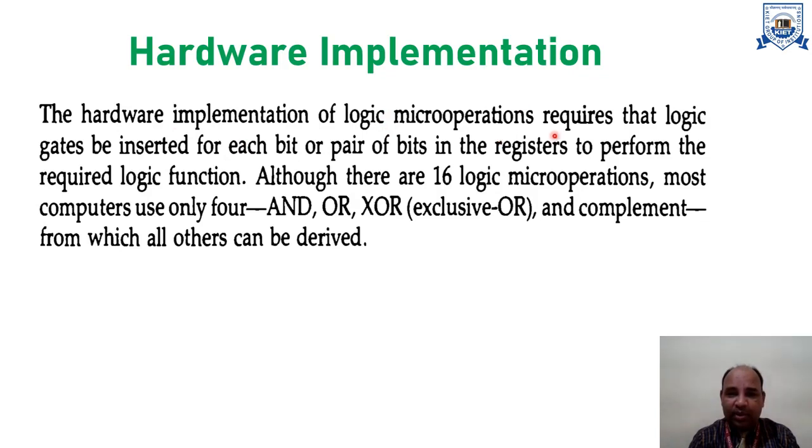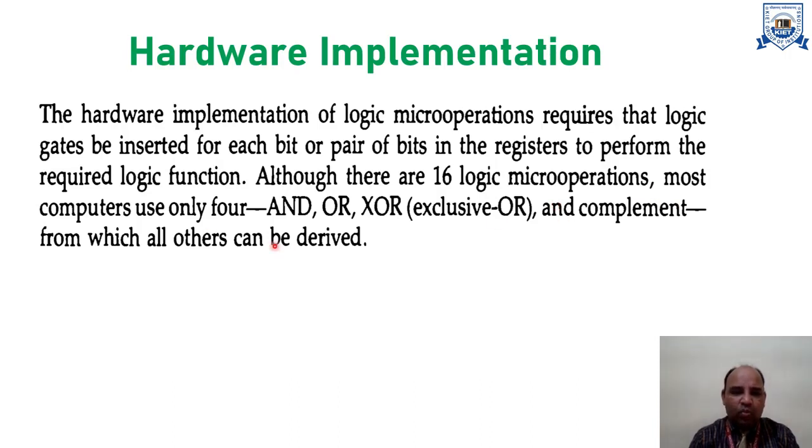The hardware implementation of logic micro operations requires that logic gates be inserted for each bit or pair of bits in the register. Make sure it has to be inserted for each bit or pair of bits inside the register to perform the desired logic function. As we know, there are 16 logic micro operations that we just saw.